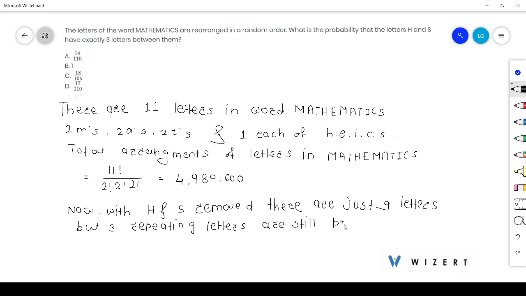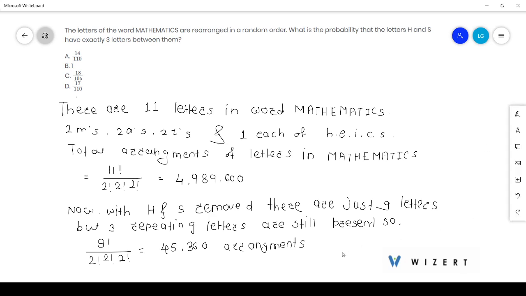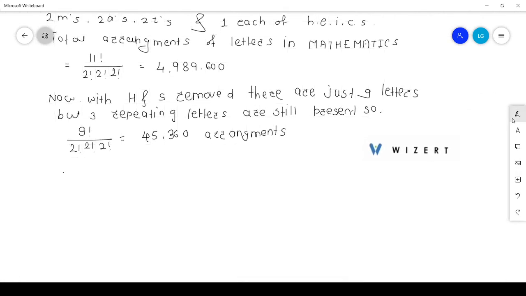So 9 factorial divided by 2 factorial into 2 factorial into 2 factorial, that is, there are 45,360 arrangements with H and S removed from the word mathematics.